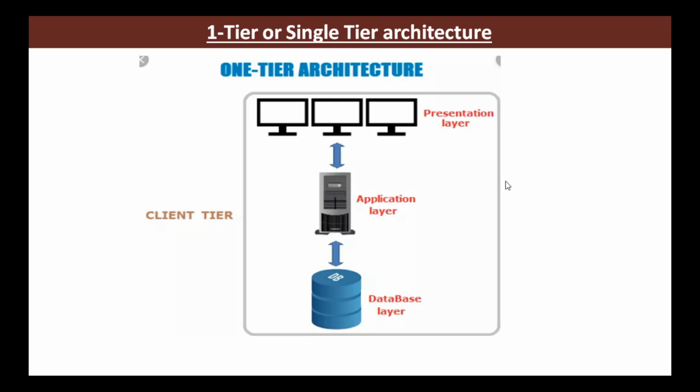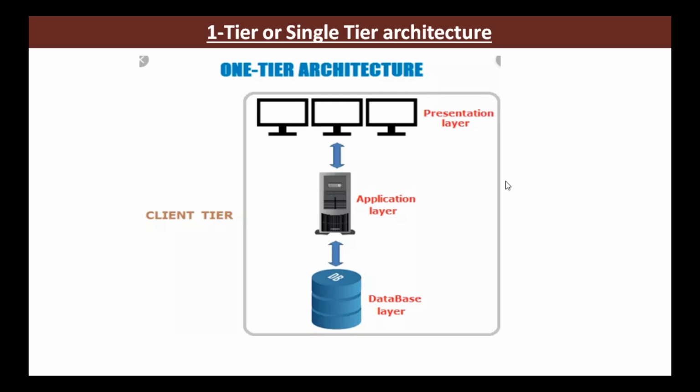This is also called the business logic layer. And coming to the third layer, the database layer, it's the database storage place. All the data in the databases is located in this layer only. It's a storage place.